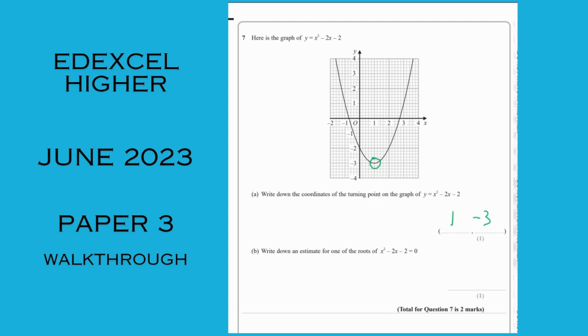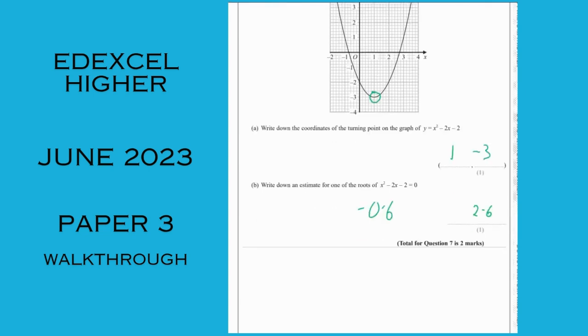Estimate one of the roots. Let's always go for the positive, as we can see. It's just above 2.5, so anything like 2.6 or 2.7 will get you the marks. Down here, it's just below minus 0.5, so if you wanted to go that route, something like that will be fine.